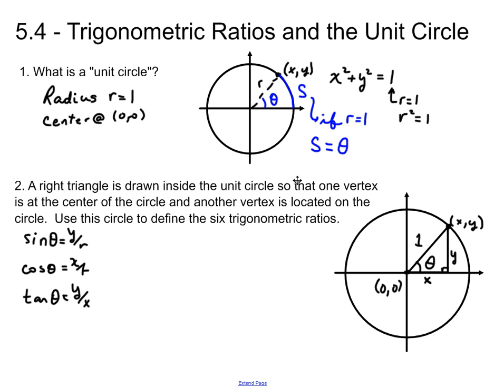So when the arc length is equal to the central angle, we're going to replace s with the letter t. So t will be the arc length on a unit circle.